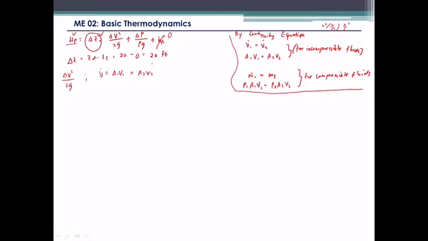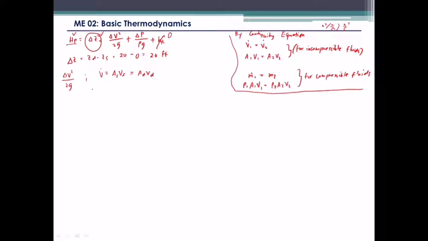By the way, this is the cross-sectional area. Here we will use V2, the discharge or the suction. So, suction and discharge.